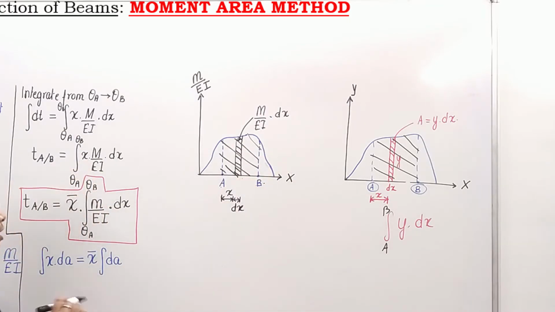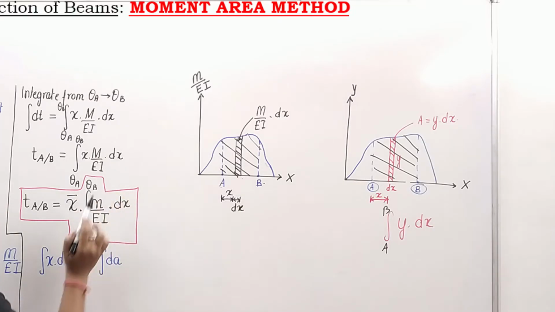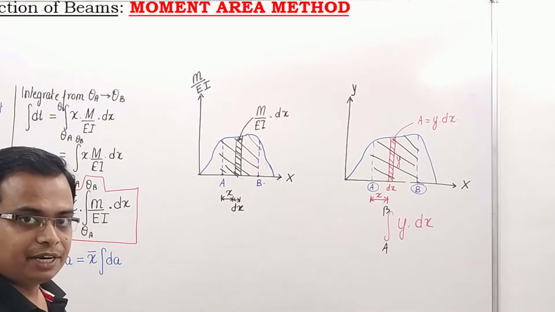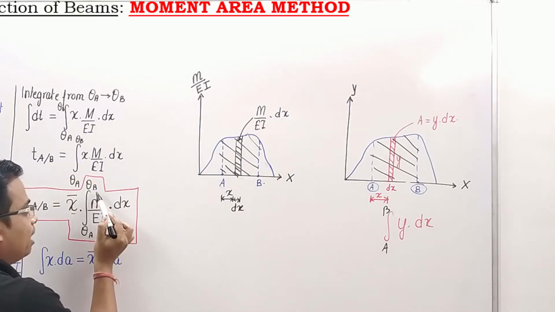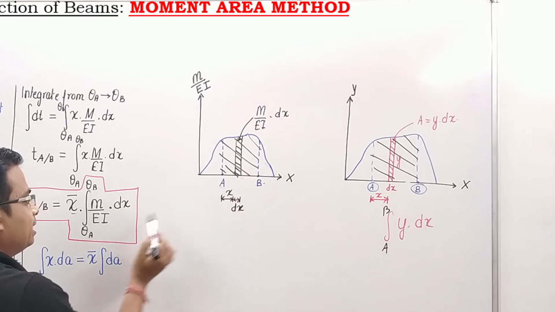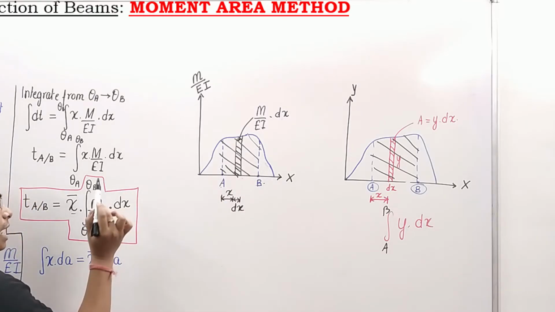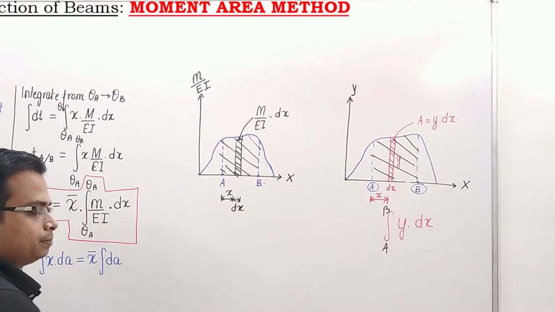Now one thing is for sure, this represents the area under the M over EI diagram. But what the hell is this x bar? Let me reiterate. This integral of M over EI dx represents the area under the M over EI diagram between point A and point B. But the confusion is, what is x bar?